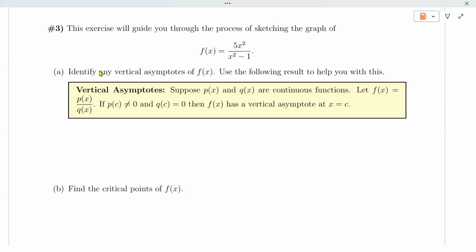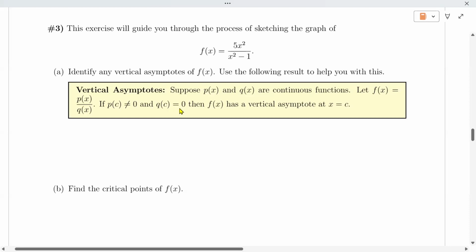All right. So we're going to begin by identifying any vertical asymptotes of our function. Now, we had this result from last semester. It said, imagine you had a function f of x equals p of x over q of x. If the numerator is not 0 at some value c, but the denominator is 0, then you definitely have a vertical asymptote there.